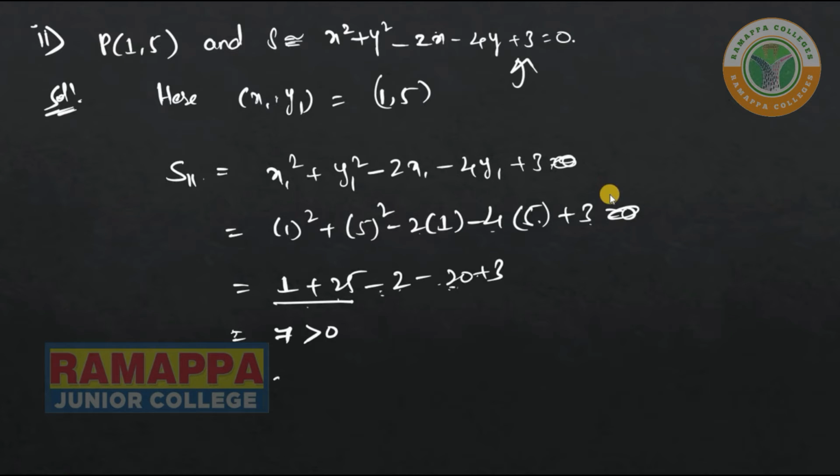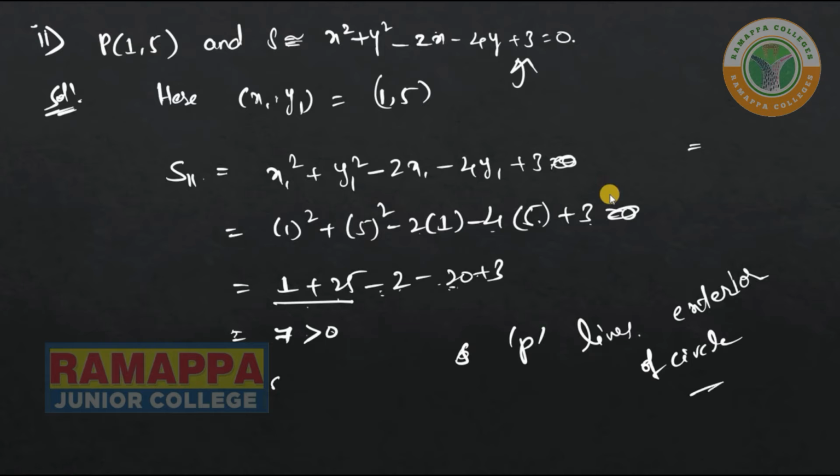So S11 is positive, so P lies exterior of the circle. If it were below 0 it would be interior. So that's why P lies in the exterior of the circle here. So now move to the third one.